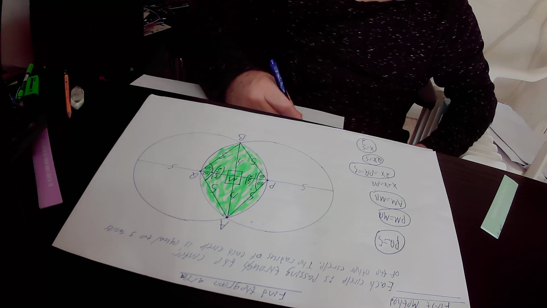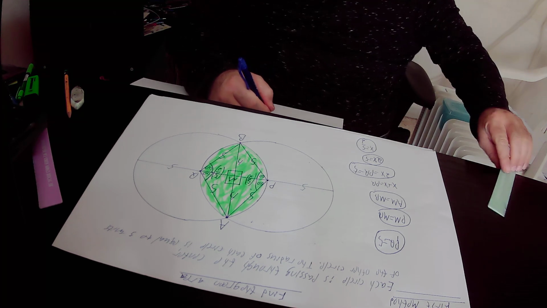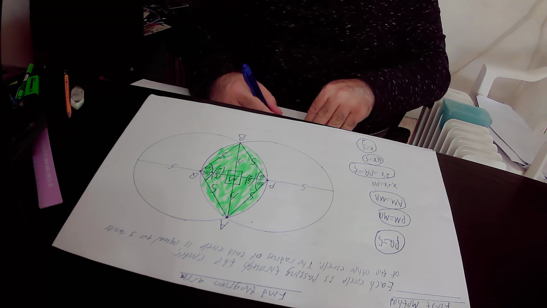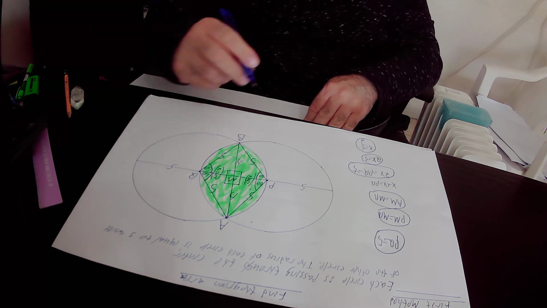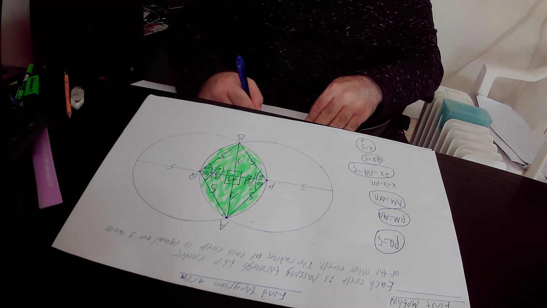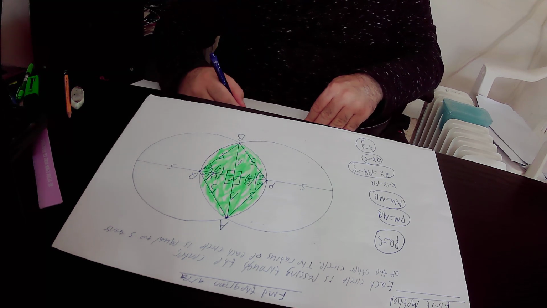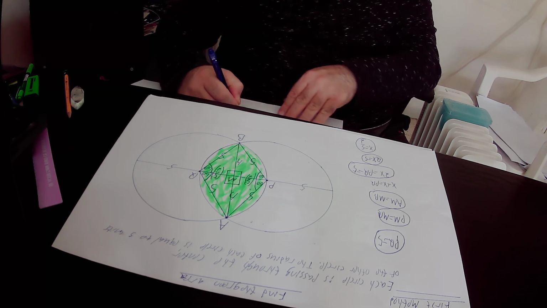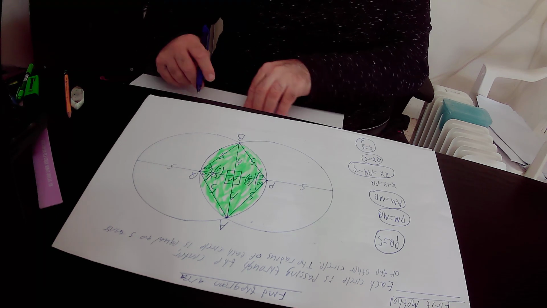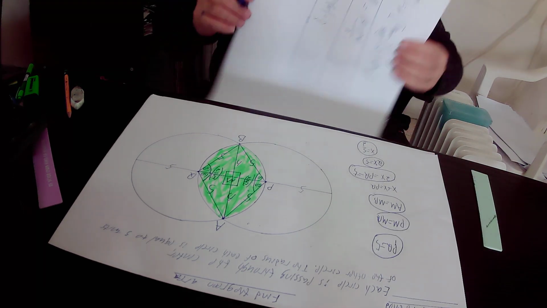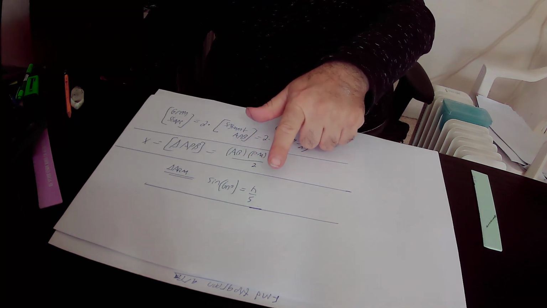In the right triangle AQM, sine 60 degrees is equal to H over 5.